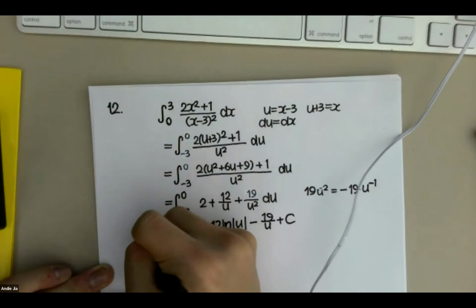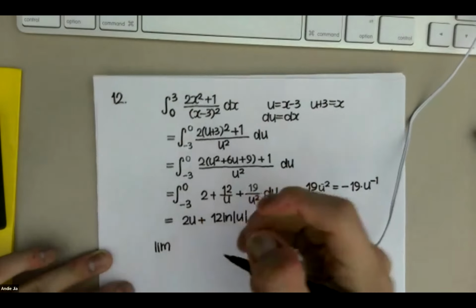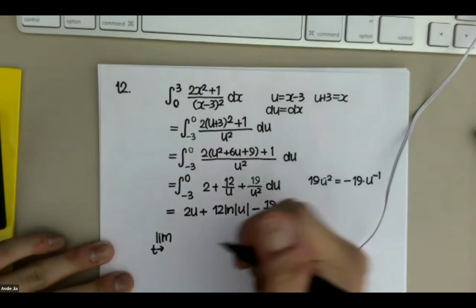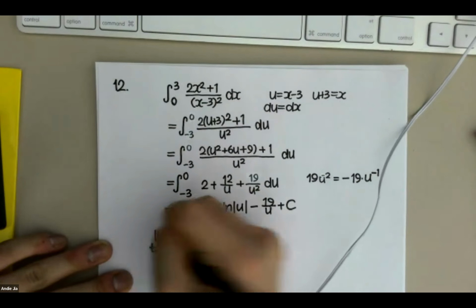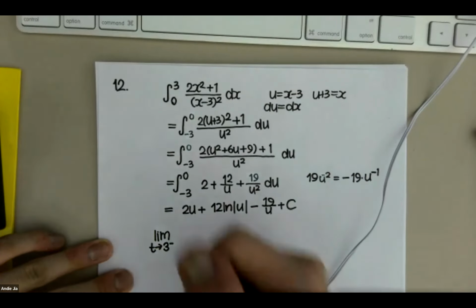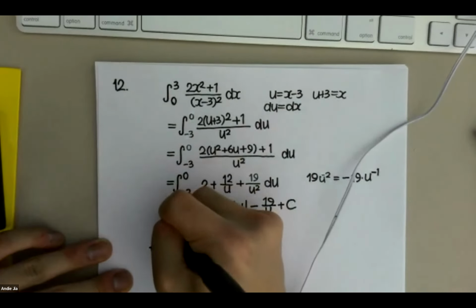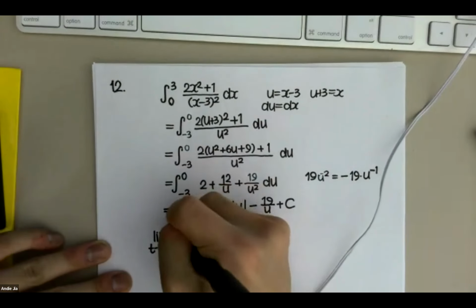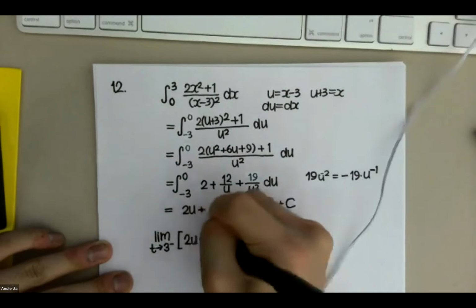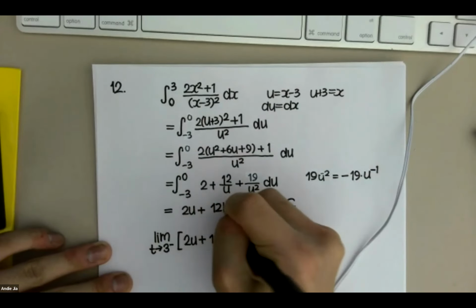So we just do a limit as t approaches from the left side, to make sure it is in the bound. And we have this giant antiderivative.